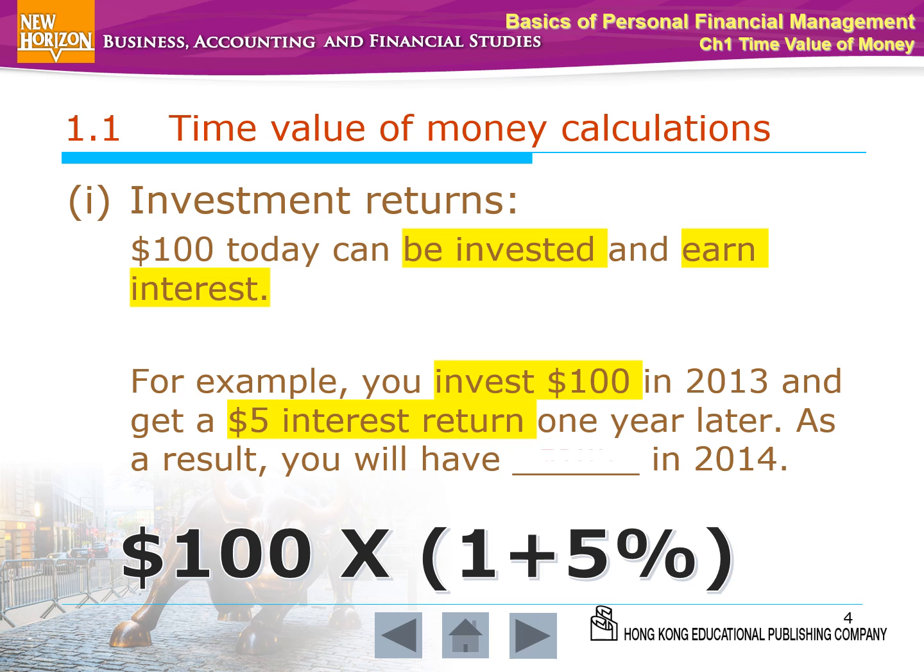As a result, you'll have $105 at the end of the year, that means in 2014. We make use of the following formula: $100, the principal, times 1 plus 5%. This 5% is the investment return, in this case the interest rate offered by the bank.